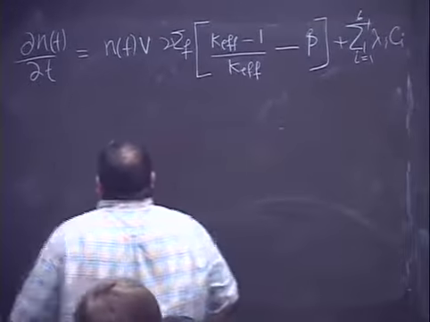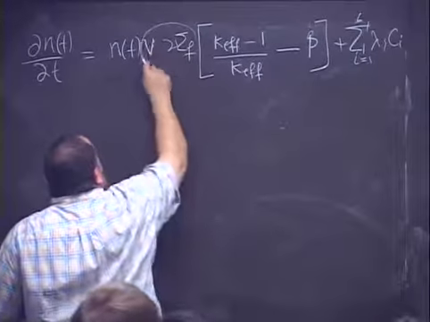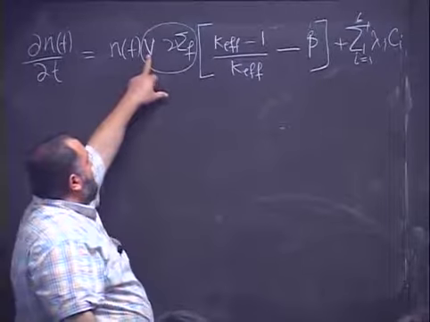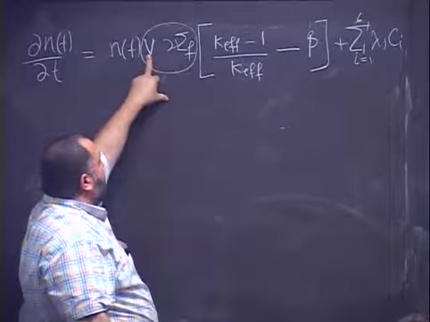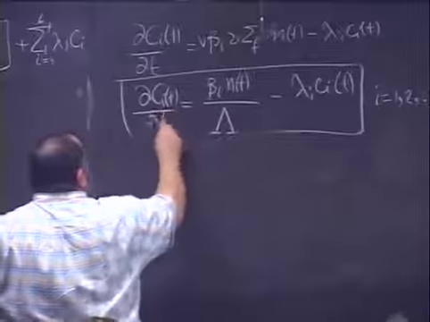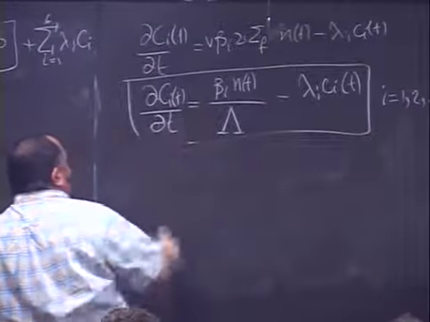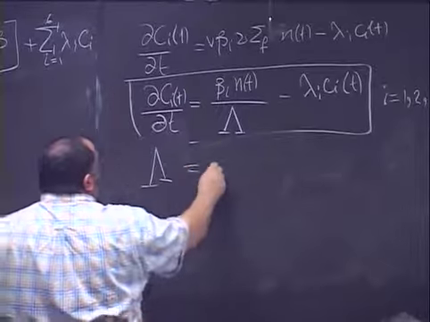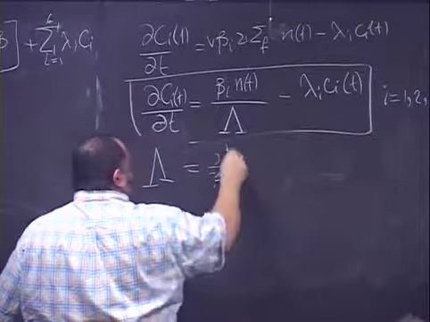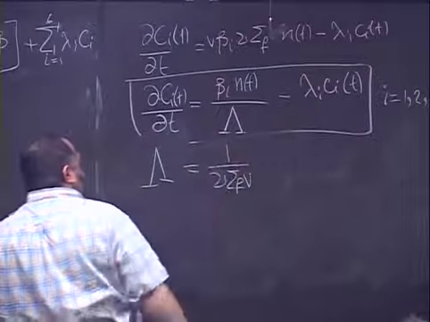Again, what's this, guys? Nu sigma fission multiplied by V. I just define it as 1 over gamma. Gamma was here equal to 1 over nu sigma fission V. I told you 1 over sigma fission is the mean free path.